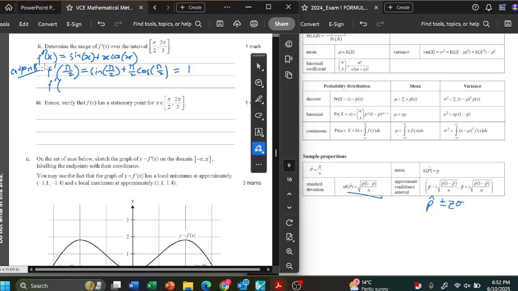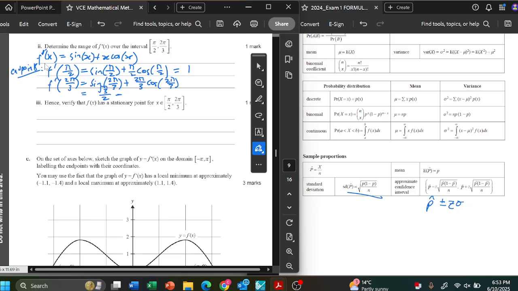Then let us consider the other endpoint, which is 2 pi on 3. So sine of 2 pi on 3 plus 2 pi on 3 times cosine 2 pi on 3. First up, sine 2 pi on 3. We had that one before. That was equal to positive root 3 on 2. And then we've got cos 2 pi on 3, which is going to be equal to negative a half.